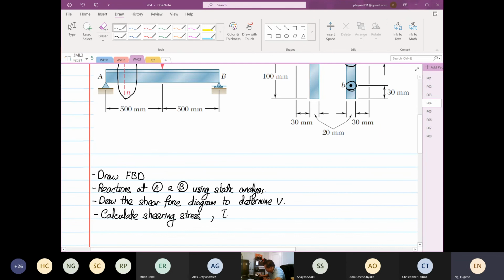The formula is shear stress equals VQ over It, right?